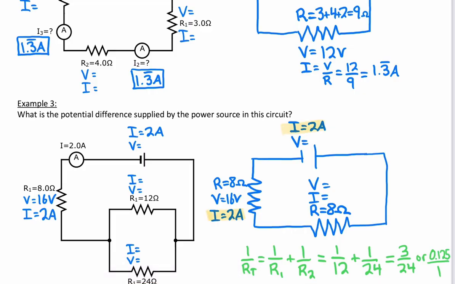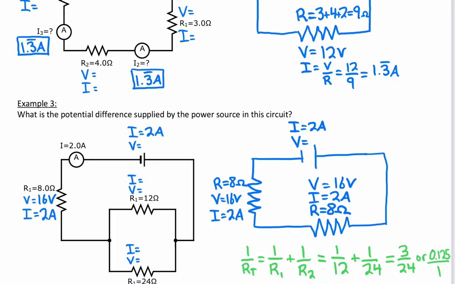This is 2 amps and this is 2 amps, then this guy should be 2 amps as well. And now, because I know 2 of the 3 things, I can use Ohm's law to find the third. Voltage is going to be current times resistance. So 2 times 8 gives me 16 volts.